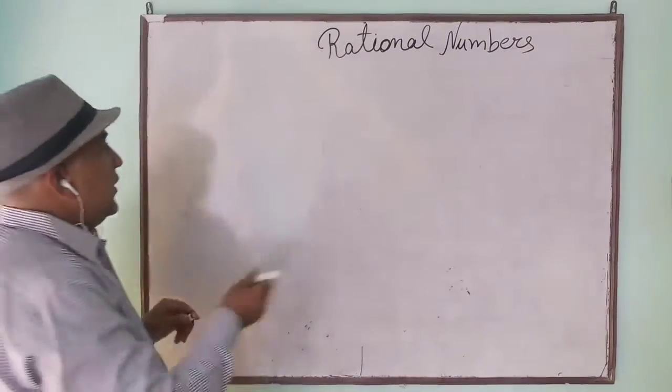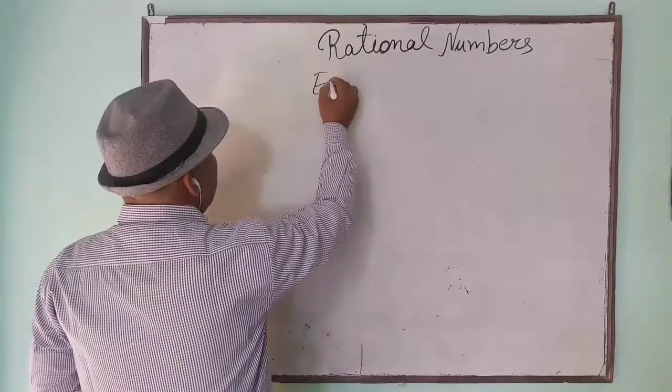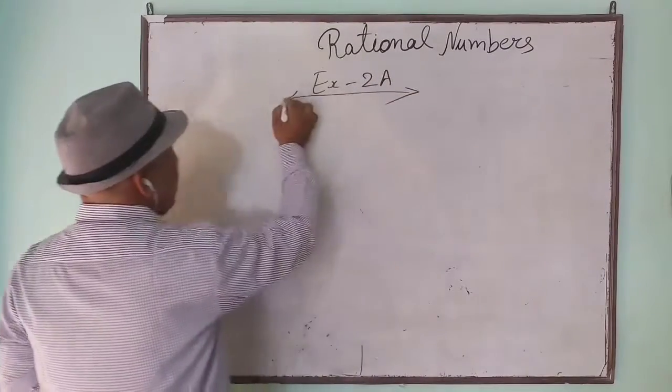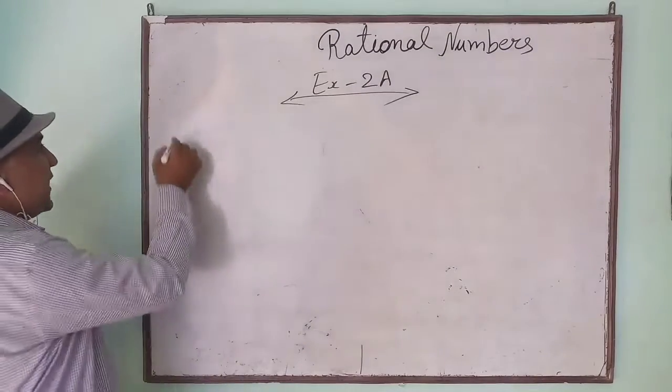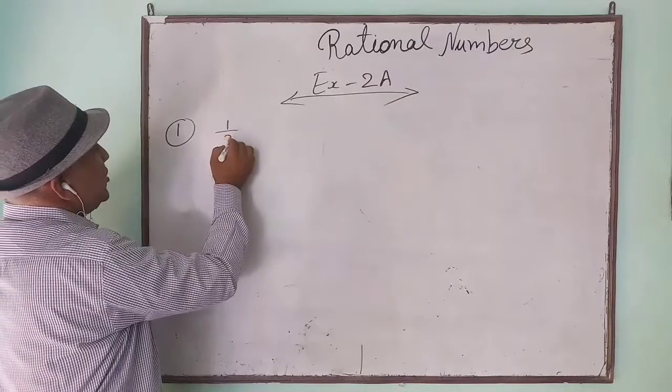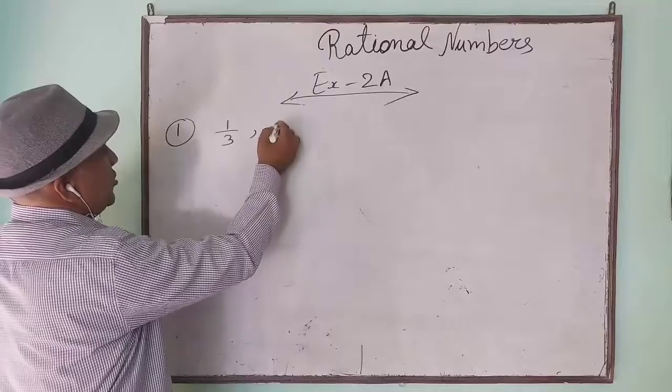See children, Exercise 2A. In this exercise, in the first question, you have to tell which one is a rational number and which one is not.